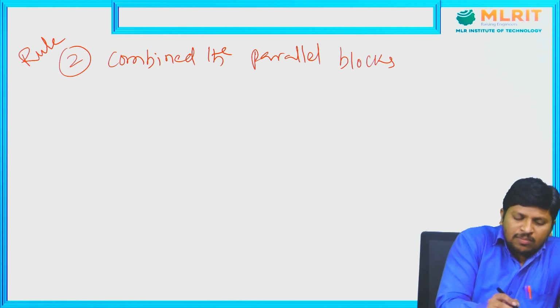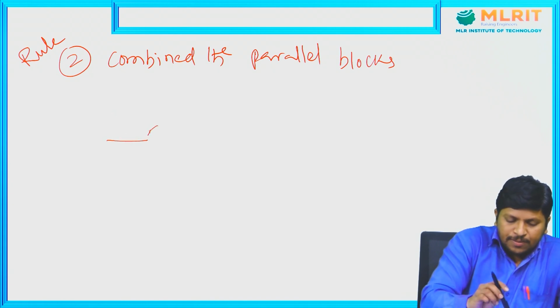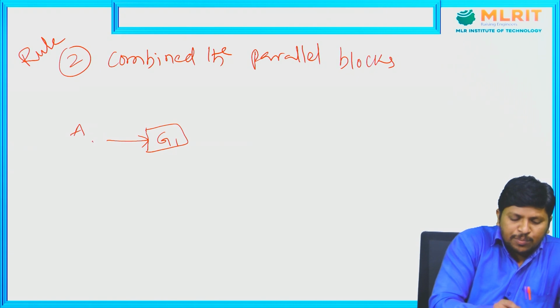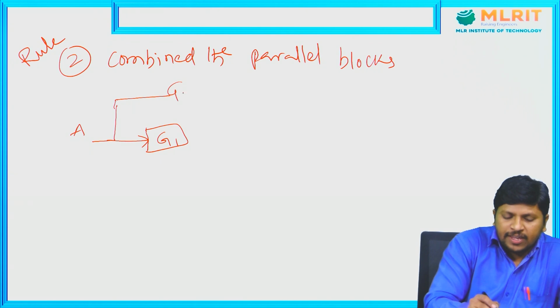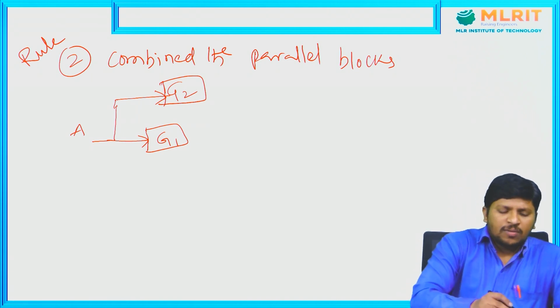I am going to draw it like this. The first block is G1. I apply one input signal, and the same signal is applied to the second block, G2. The arrow mark indicates the direction of the signal flow.